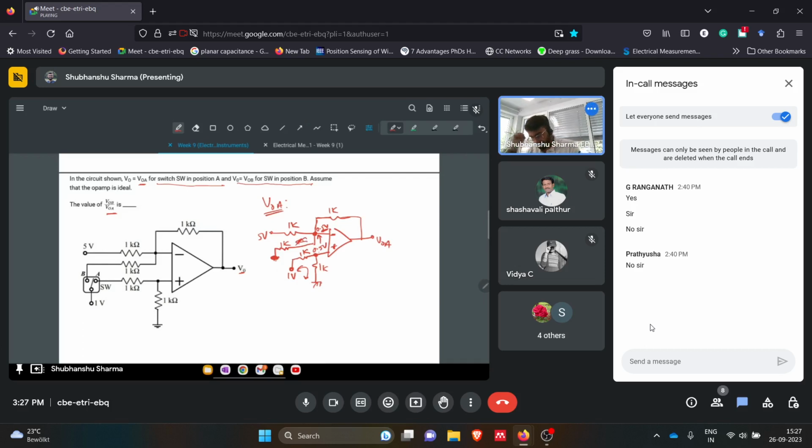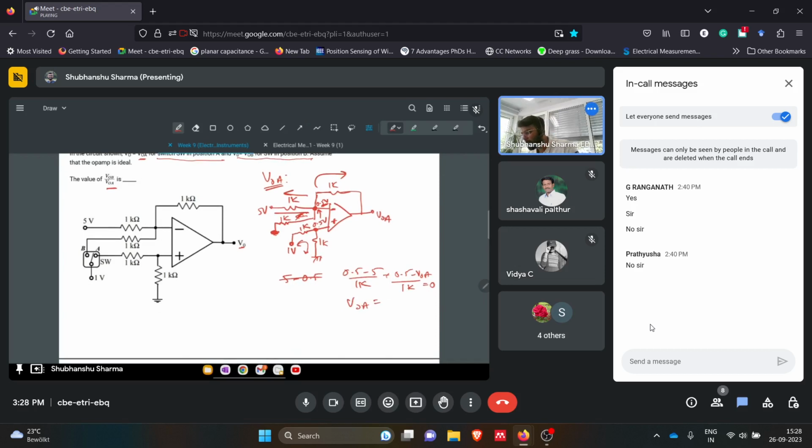So no current is flowing, and we only have this branch. Again use your nodal concept: (0.5 minus 5) by 1k, one current in this direction, obviously it will not flow inside the input terminal of the op amp, plus (0.5 minus V naught A) by 1k equals 0. Solving this, we get VOA as minus 4 volts.